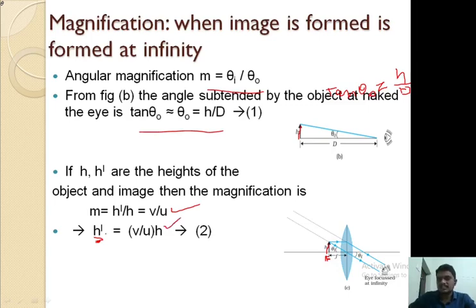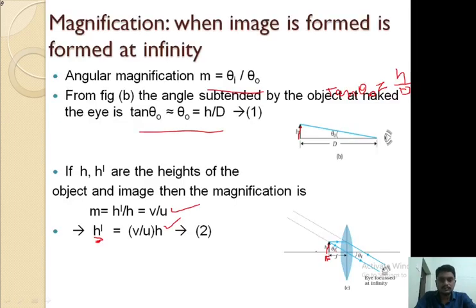My intention is to find theta I. What is theta I? It is the angle made by the image.